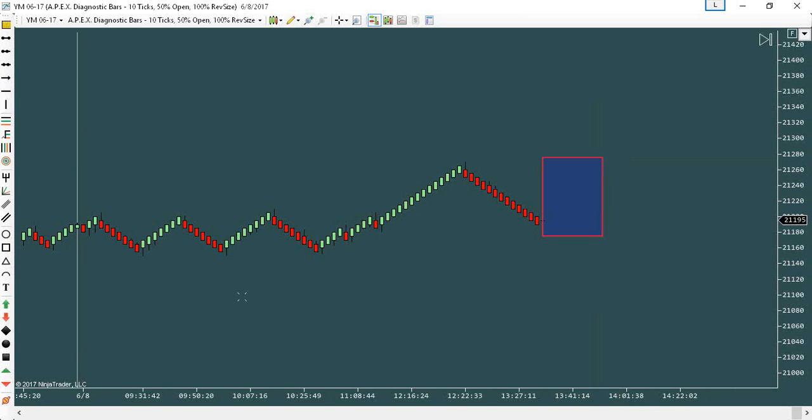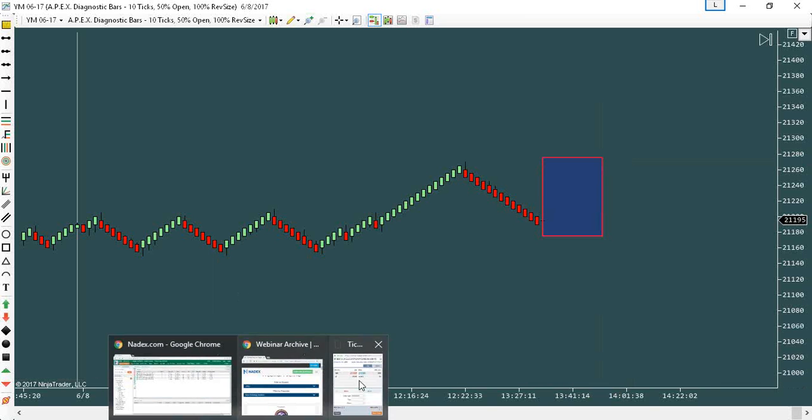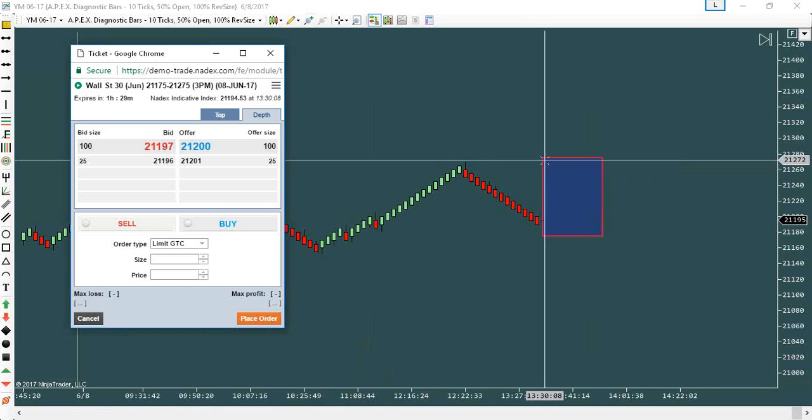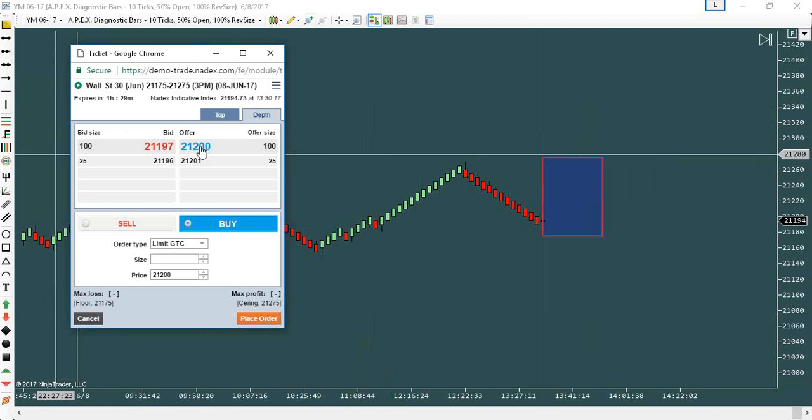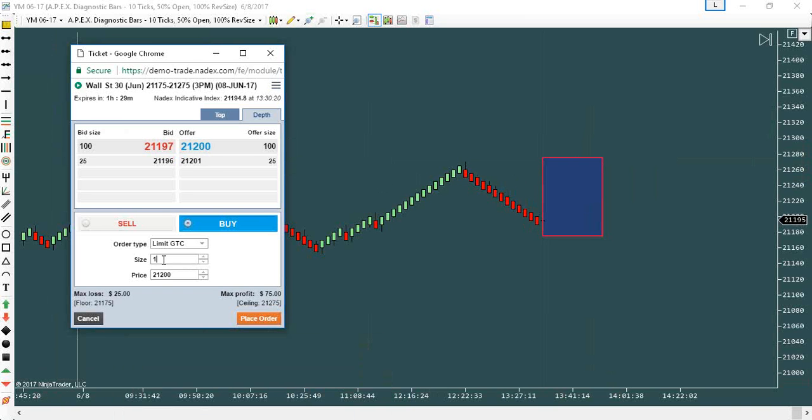This is a shorter term spread. It's not as wide of a spread. Okay, this is only 100 points. The one we were looking at at the end of the day earlier was 400 points. So right now I can buy it for 21,200. Okay, well, how much do I have to put up?